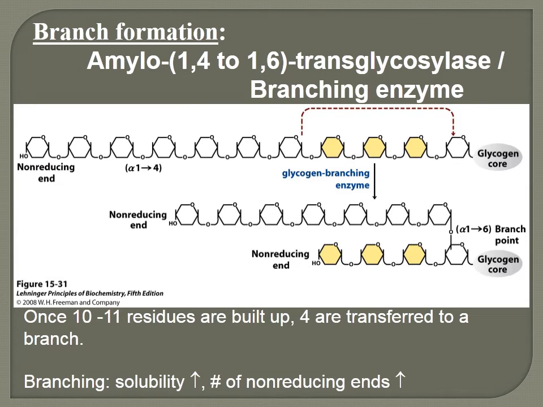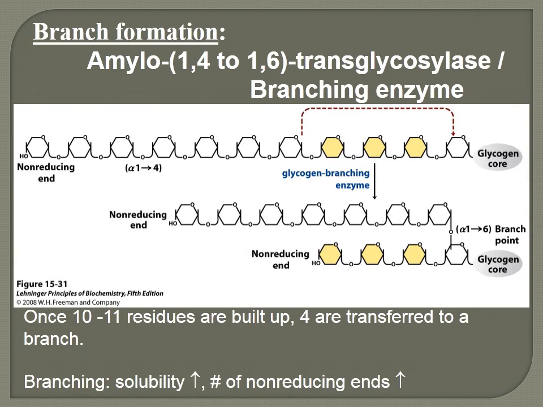Next step of glycogenesis is the branch formation. When the glycogen synthase has formed a linear chain of 10 or more glucose residues, another enzyme called amylo 1,4 to 1,6 transglycosylase, or we can simply call it a branching enzyme, hydrolyzes a terminal segment of at least 4 glucose residues from that linear chain and inserts it with an alpha 1,6 glycosidic bond, and thus it forms the branch point in the glycogen.